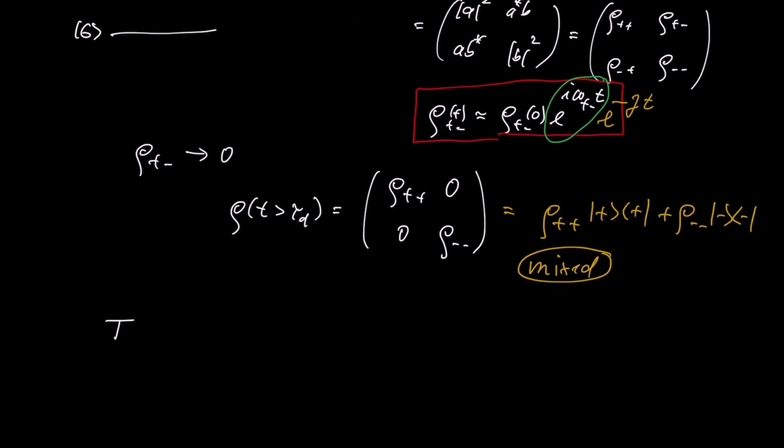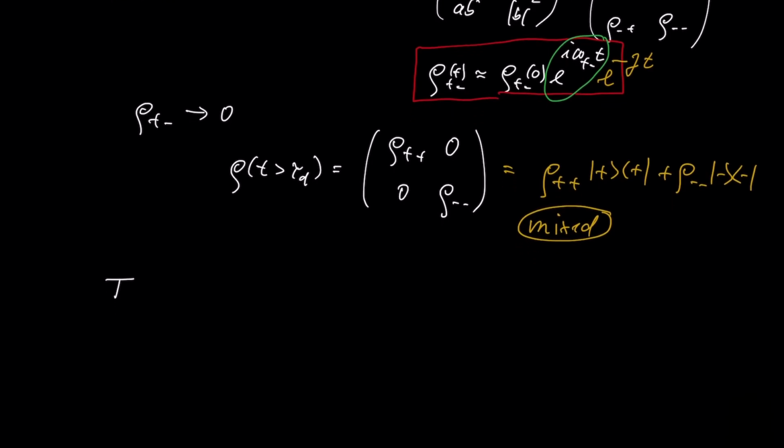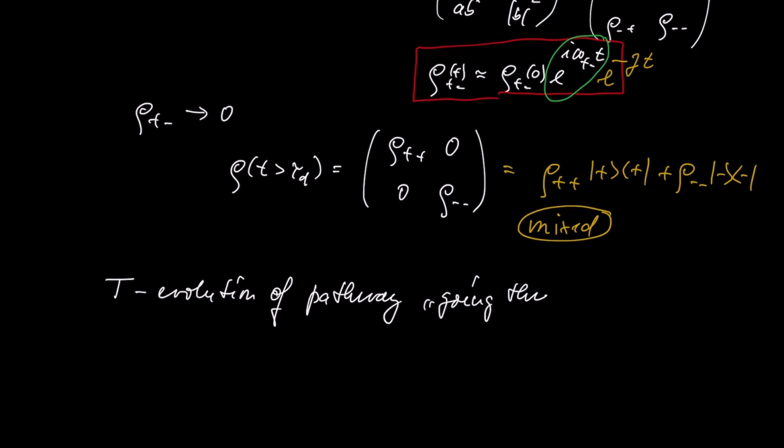That's actually not so difficult, because we can look at all the pathways that go through the excited state. So T evolution of pathways going through excited states.